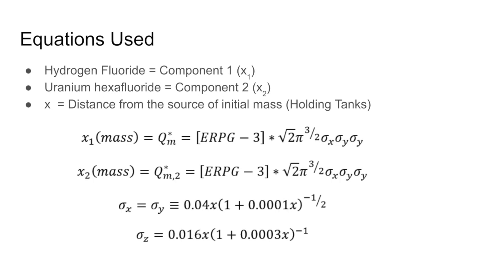In order to clearly identify mathematically the components that will be used, we will label hydrogen fluoride as component 1 with the subscript of 1, and uranium hexafluoride as component 2 with the subscript of 2. X is going to be the distance from the source of initial mass, or the holding tanks.